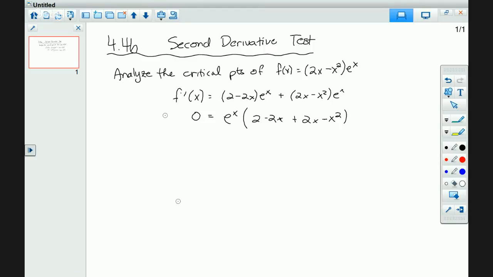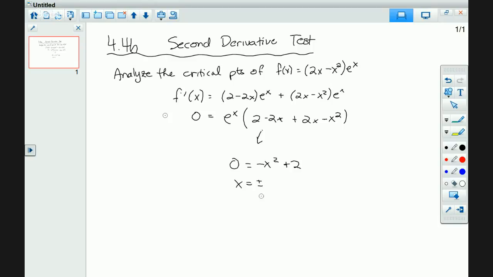Can e to the x ever equal 0? No, it's not. Okay, so we don't even have to worry about that. What we do need to worry about is this one. Oh, why is that so easy? So what are my x values?